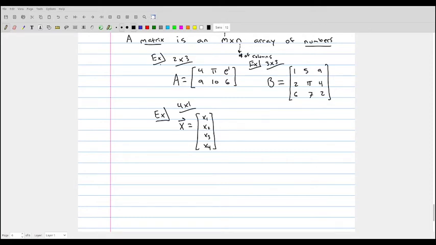So there's one column and there's 4 rows in this matrix, so we call this a column vector. Or you can think of a vector y as being what's called a row vector, and you'd take maybe a 1 by 3. So a good example of a row vector would be something of this form.